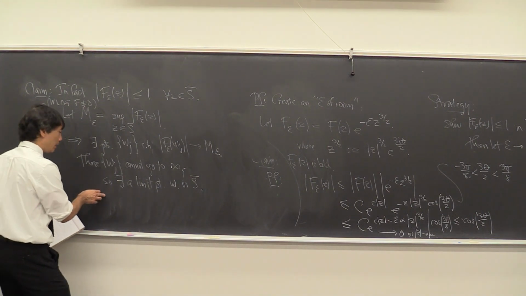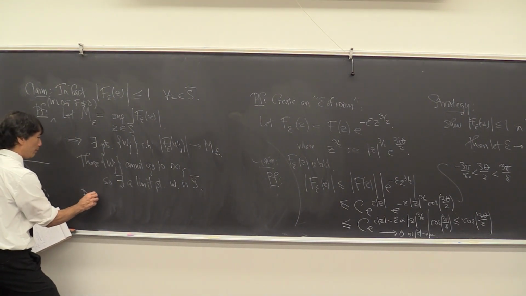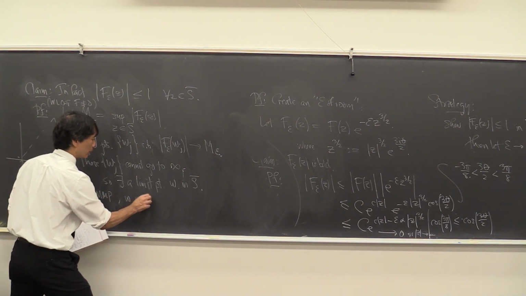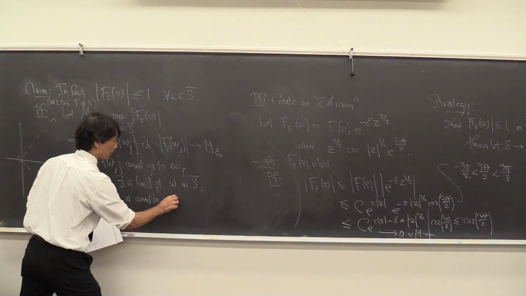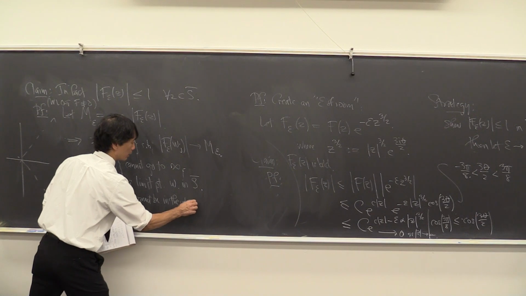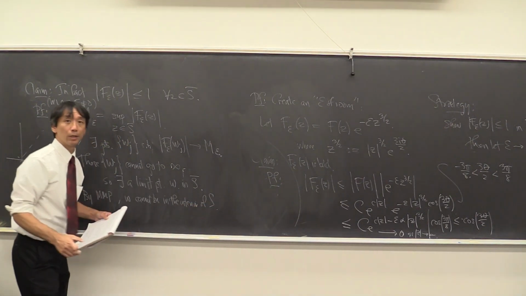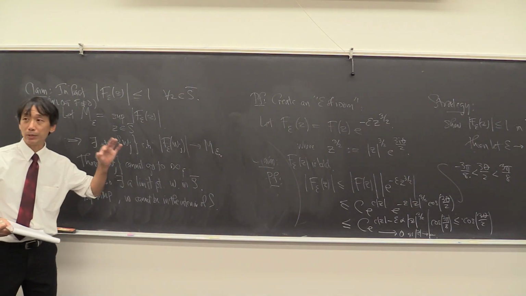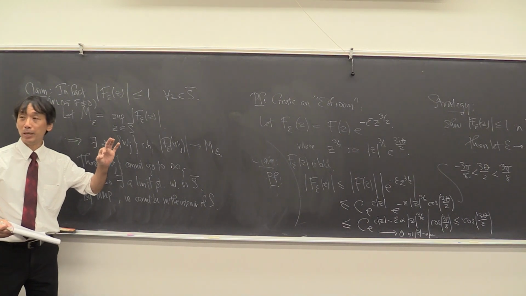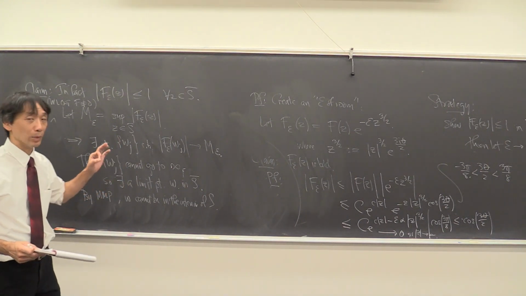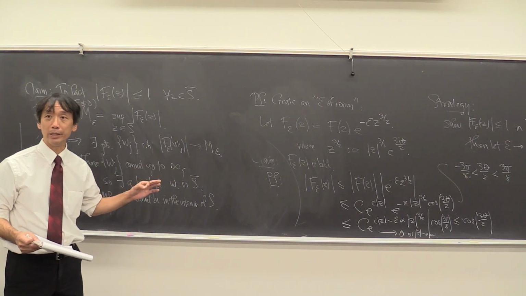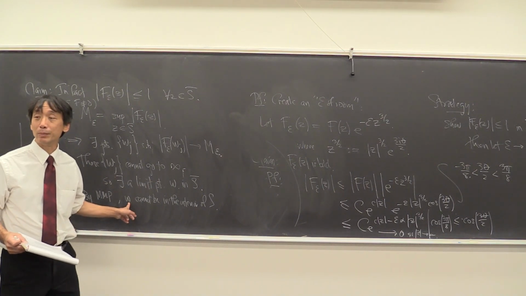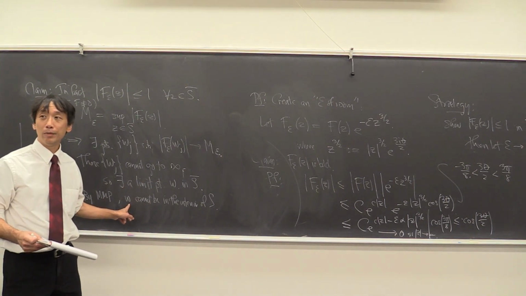We say, well, look, by the maximum modulus principle, W cannot be in the interior of S, right? Because if it were in the interior of S, then you'd have some open neighborhood around it, and then the open mapping theorem would say that the value here could not be the maximum, could not be the supremum, right?